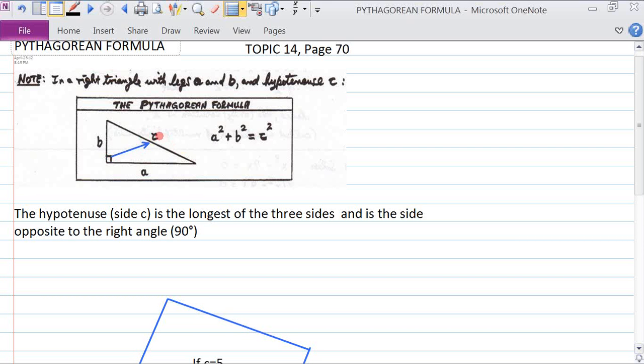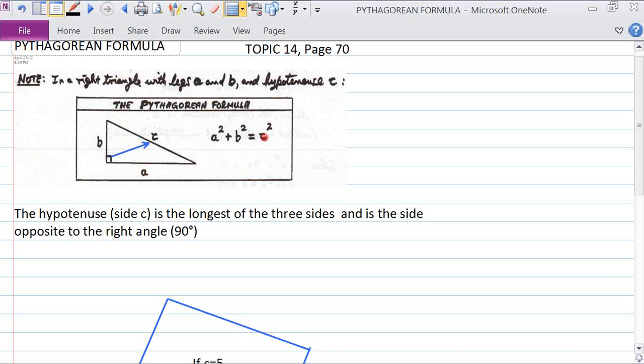And the Pythagorean formula says that if we take this squared and this squared, the other two sides, it equals the sum: a squared plus b squared equals c squared. So the hypotenuse squared is equal to the sum of the squares of the other two sides.